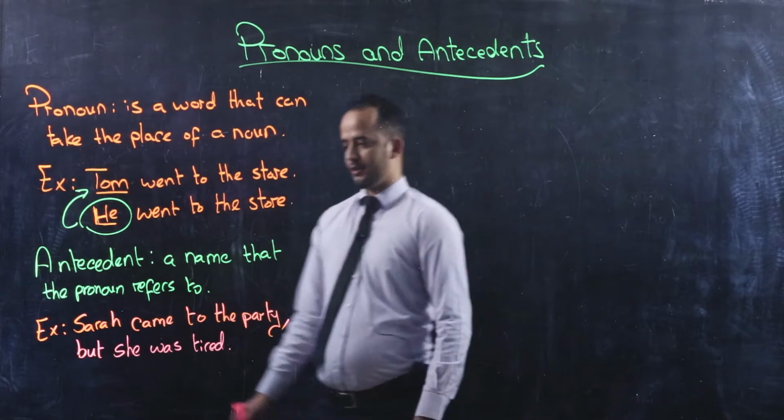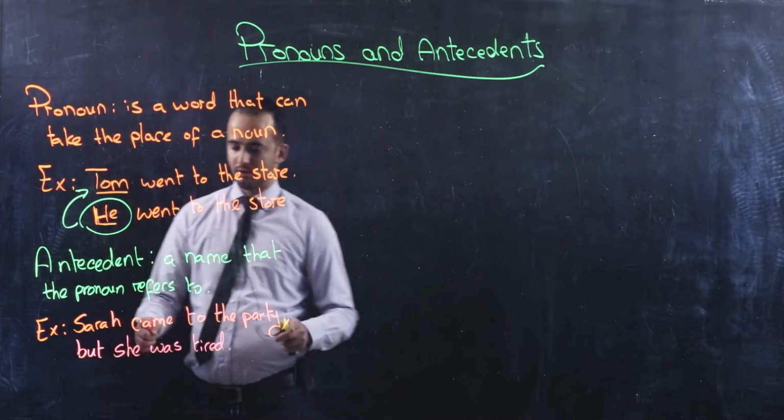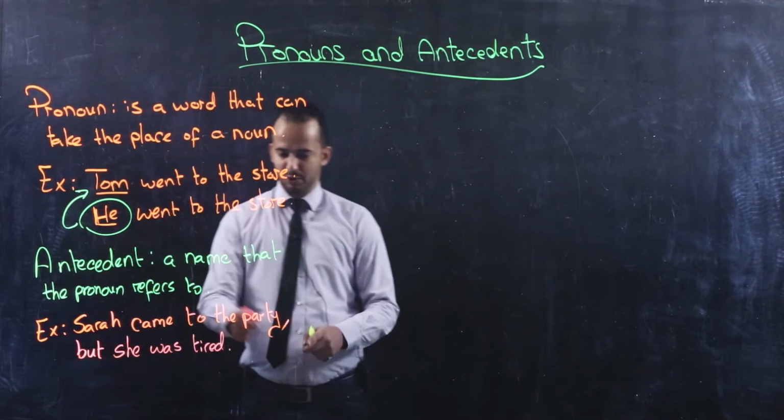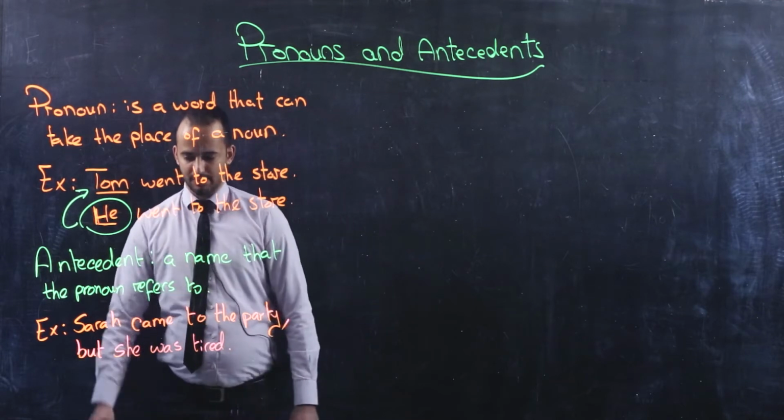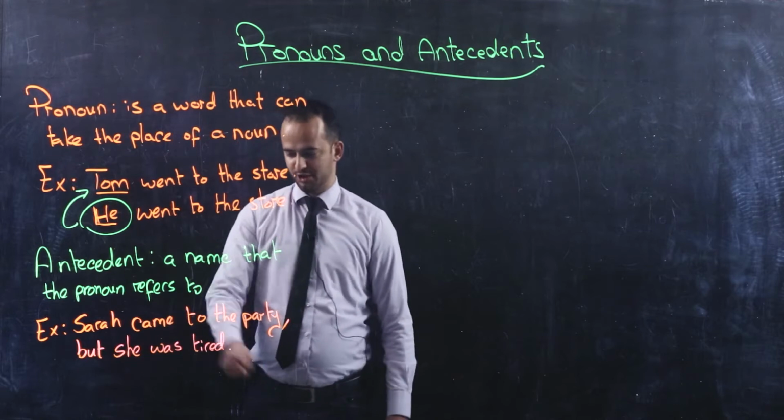Okay, great. So in the first part of the sentence, we are talking about Sarah. Sarah came to the party. Okay, but in the second part of the sentence, we said just, but she was tired.